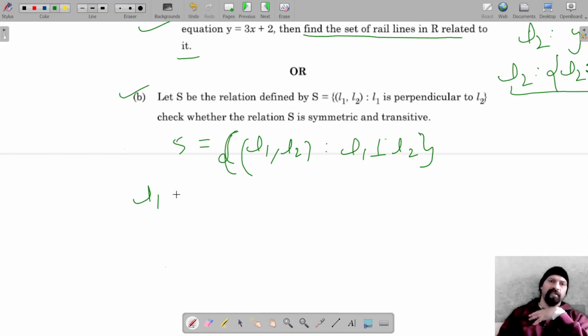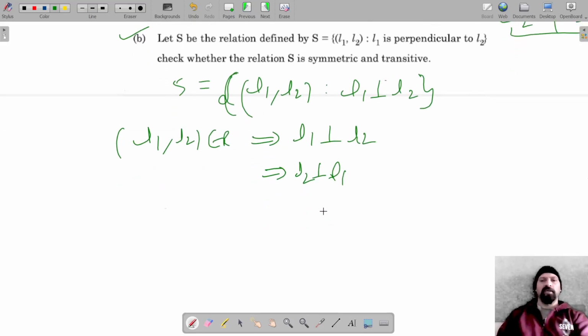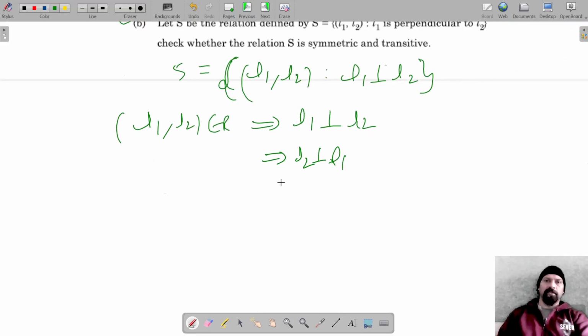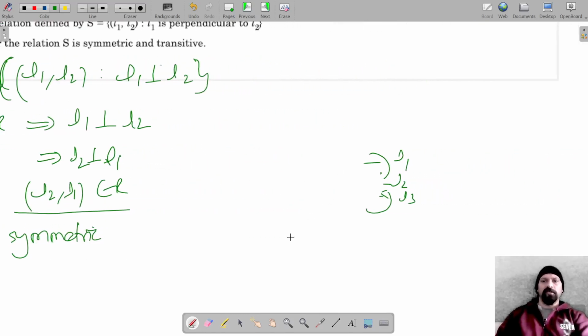Now L1 is in relation with L2, so this implies that L1 is perpendicular to L2. If L1 is perpendicular to L2, then L2 is perpendicular to L1, and according to the relation, L2 and L1 are in relation. So L1 and L2 in relation gives that L2 and L1 are in relation. So S is symmetric.